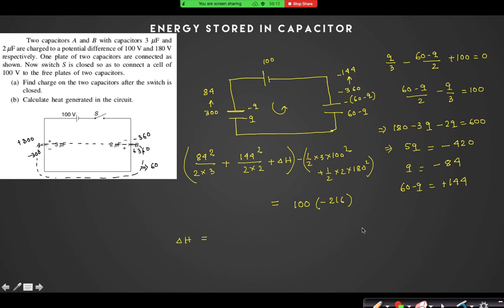A lengthy calculation, I think it is minus 21600 plus half CV square, 100 into 100, means 50 into 1.5 into 10 to the power 2. Yes, you can solve it definitely. 50 into 5, 150 into 00, and that is also plus 90. Also, it is 180 into 180.